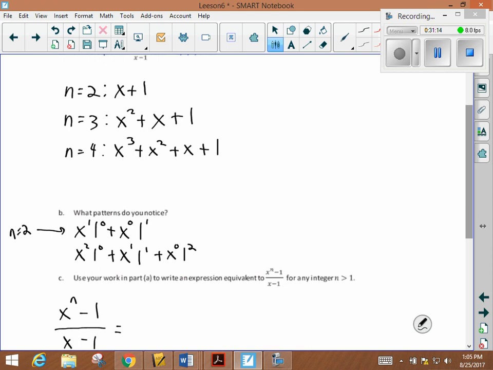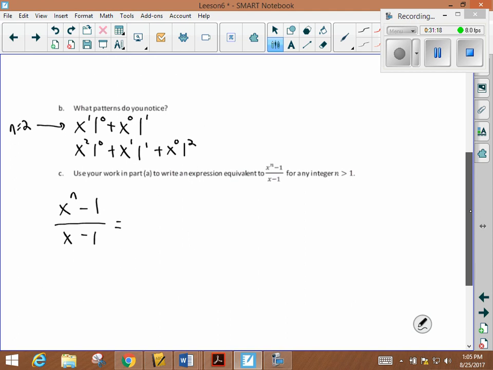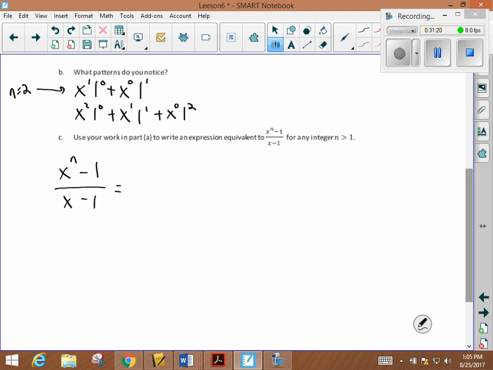Okay, all right. So then I should be able to say that this is x to the n minus 1, right? Okay. And then what's going on with our coefficient?